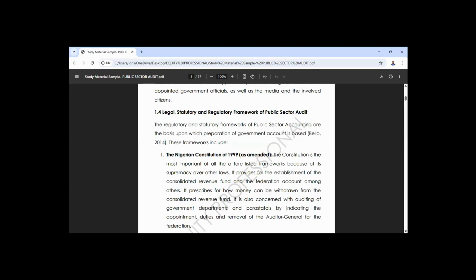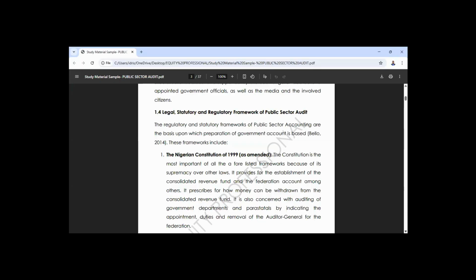One of them is the Nigeria Constitution of 1999 as amended. This is one of the laws that we follow while doing public sector audit.